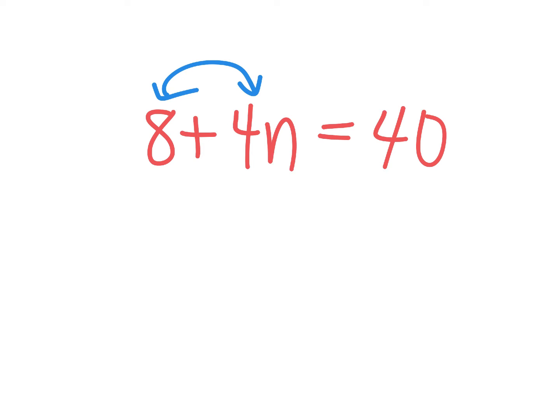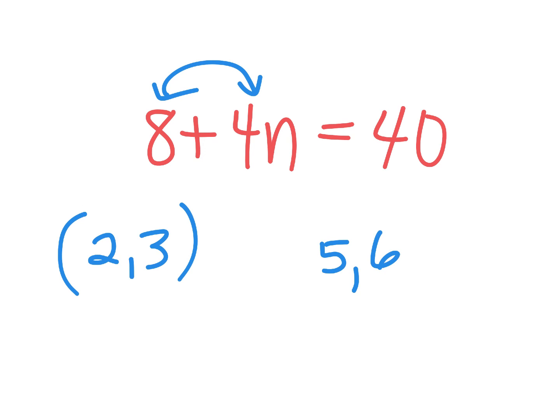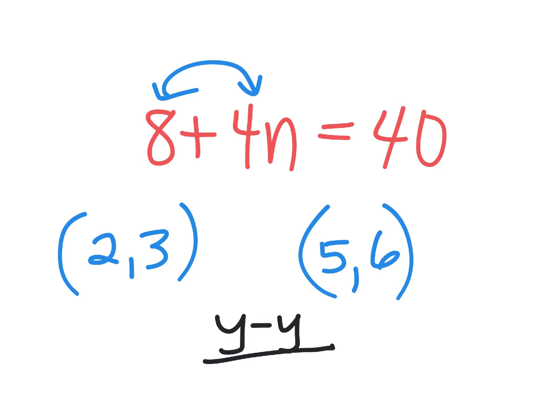So here's the slope one. 2 comma 3 is a dot somewhere on the graph. 5 comma 6 is another dot somewhere on the graph. What's the slope between them? Anybody remember this deal where you go y minus the y over, you remember the rest of it?